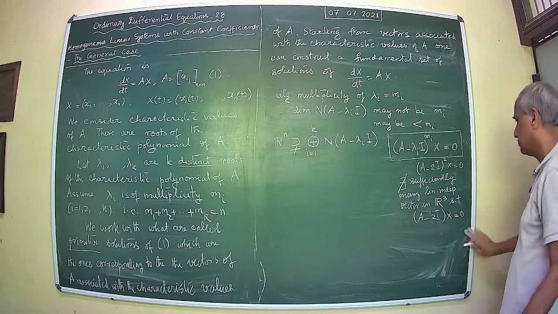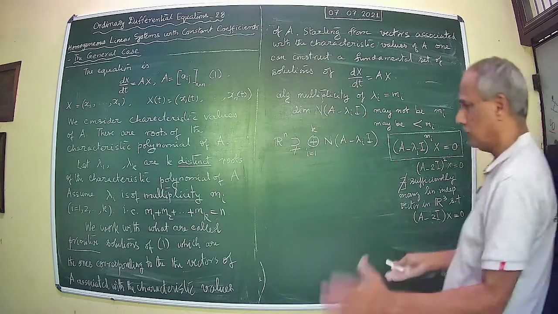That's a problem. Therefore, how to supplement it? How do we choose such vectors?